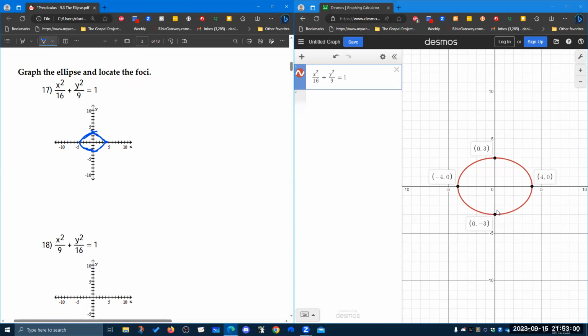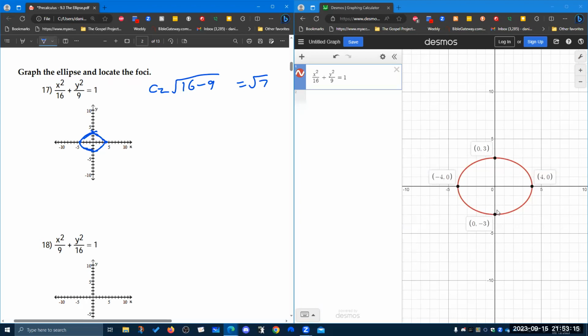What I'm concerned about, though, is that 16 minus 9 under the square root is c, so that's root 7, which is a little less than 3, definitely bigger than 2.